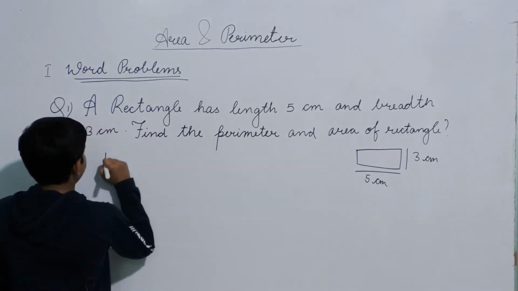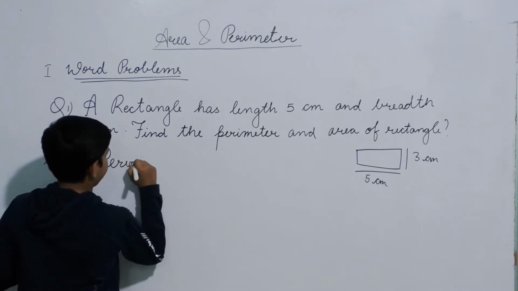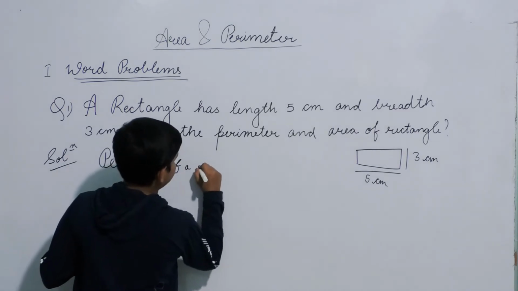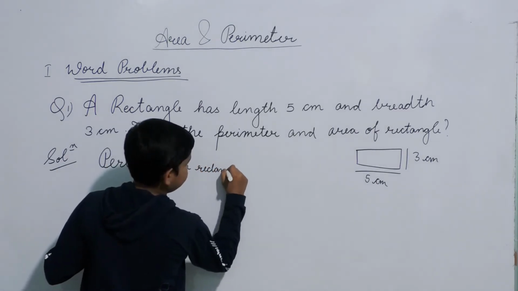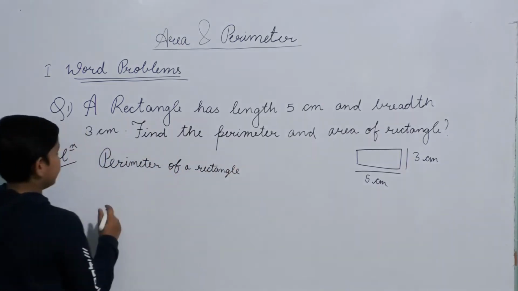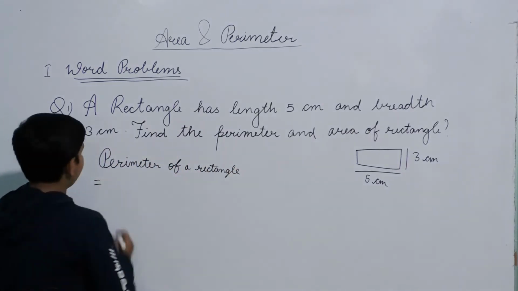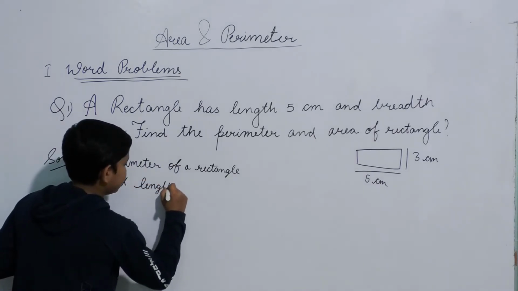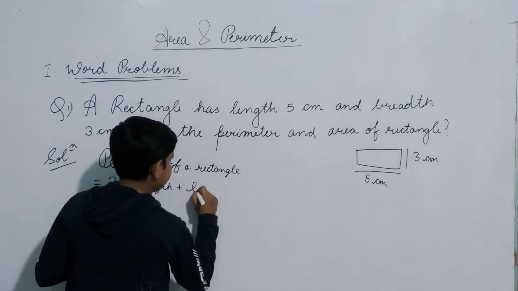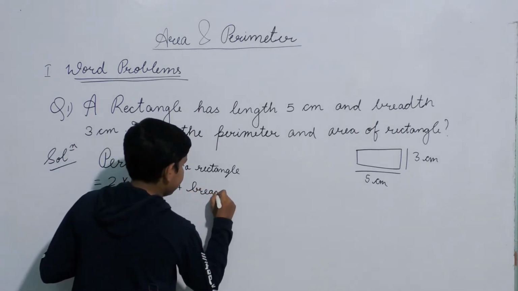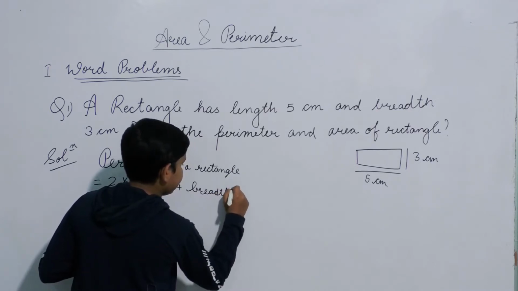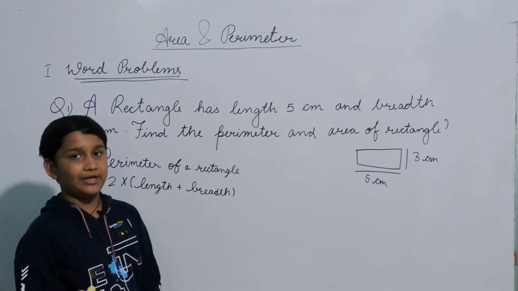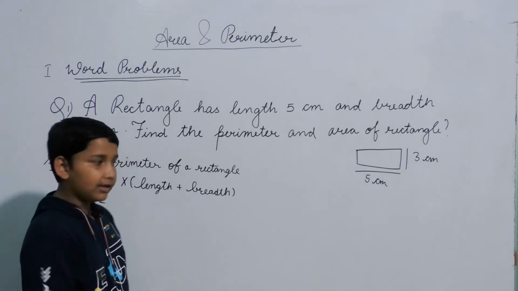To find the perimeter of a rectangle, there is a formula: 2 into (length plus breadth), with length plus breadth in brackets. We will use this formula.